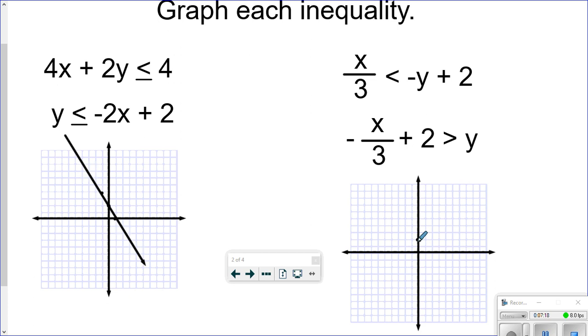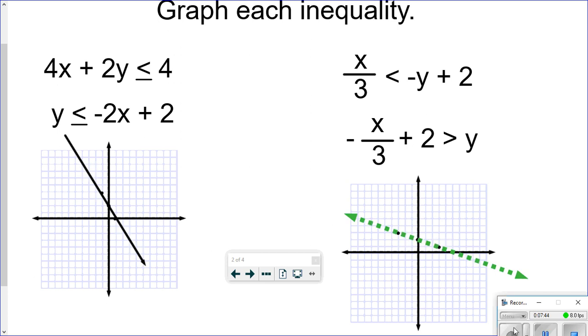And then I'm going to go down 1 and to the right 3 here. Since that's a negative 1/3, I'm also going to go up 1 and to the left 3. And now I'm going to draw a line to connect those points and to show that it's a line. All right, so there's my line.